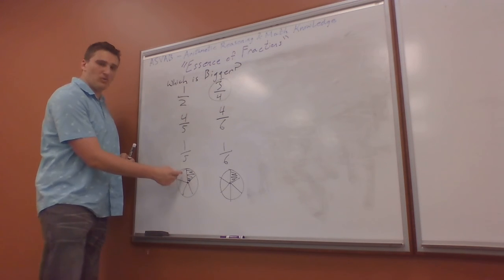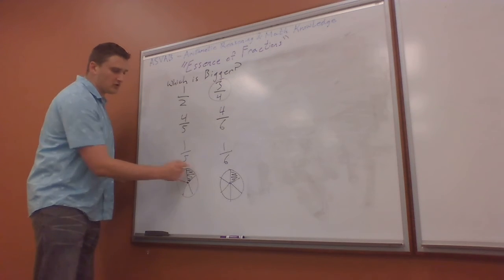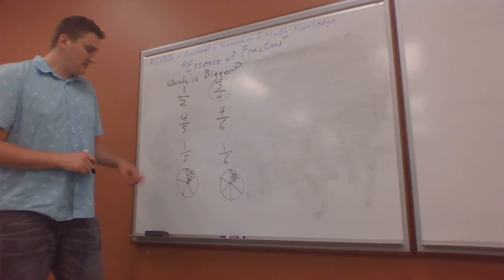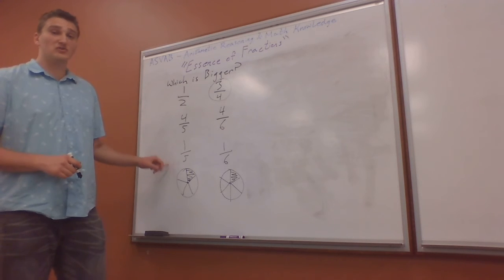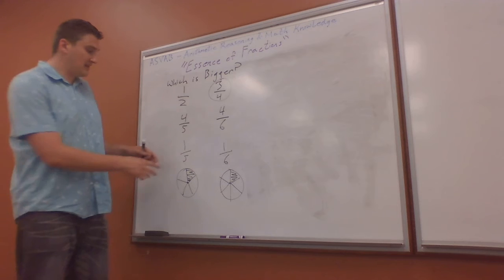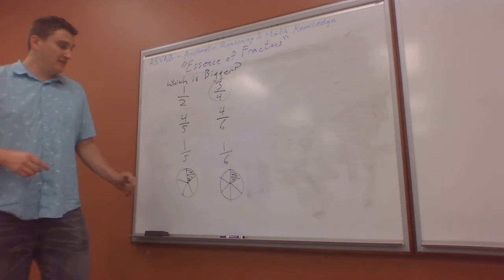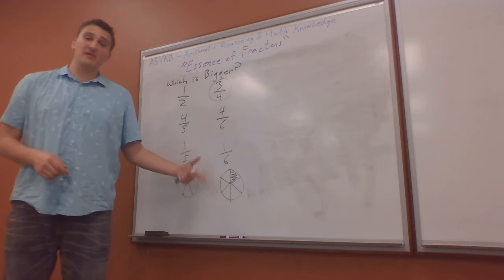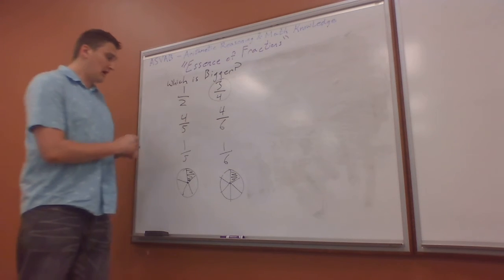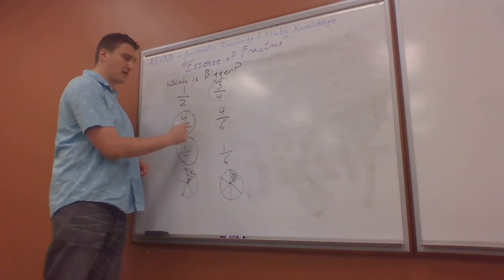Well, I have fewer of them to make up a whole. The entire circle represents 1. 1/5 would be a lot closer to 1 than a sixth, because it's going to take fewer of those to make a whole than it would 6. 6 are going to need more of themselves to make up that whole. So I'm going to go with 1/5 is bigger, and therefore 4/5 is bigger than 4/6.